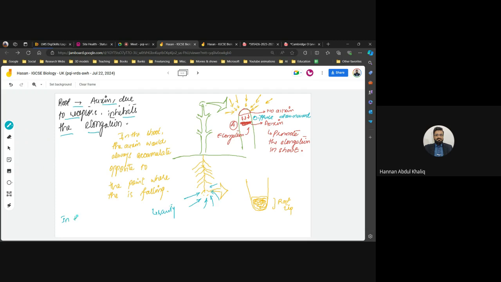In the root, the oxygen would accumulate where the gravity is highest. Gravity is highest, and highest gravity is at the tip of the root. Since there is highest gravity, now the auxin would be accumulated here. The blue one is the auxin.